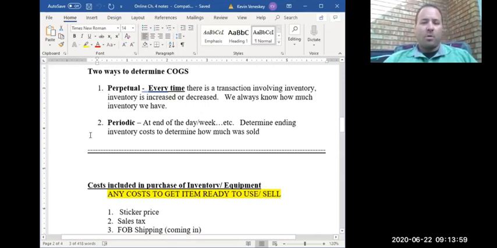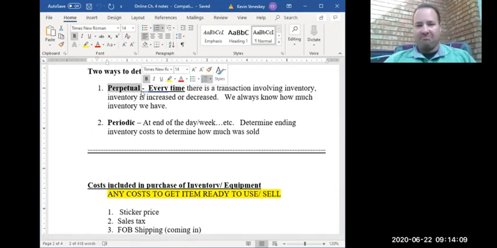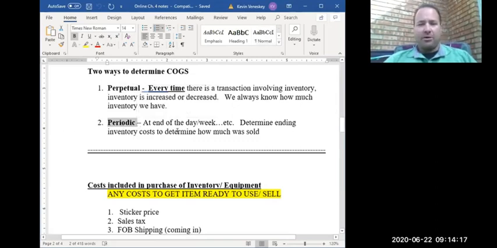Whereas the periodic method, and so this perpetual method, this is very easy to do if you have computer and you have scanners and they're constantly updating, not a problem. But if you don't have all that fancy equipment and you're doing some of this by hand, using Excel, or you don't have the automated version like a Walmart or Target does, where it's just scanning barcodes, you're probably going to be forced to use the periodic method.